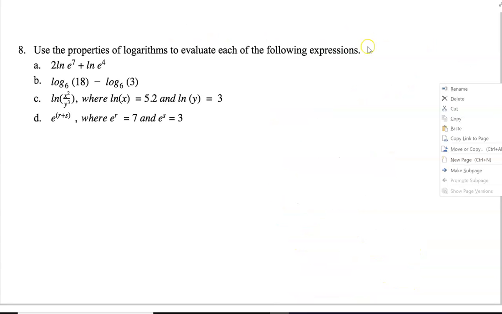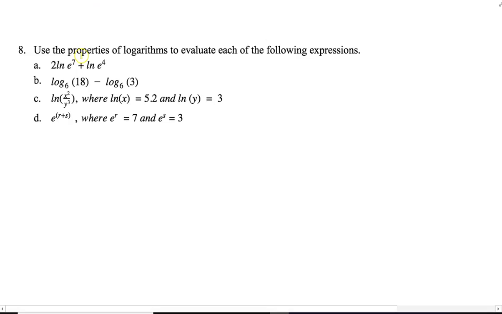Now, let's look at another problem. This one uses the properties of logarithms to evaluate some expressions. I'm going to focus on part C and part D. For part C, we have ln of x squared over y cubed, and we are told that ln of x is equal to 5.2 and ln of y is equal to 3.